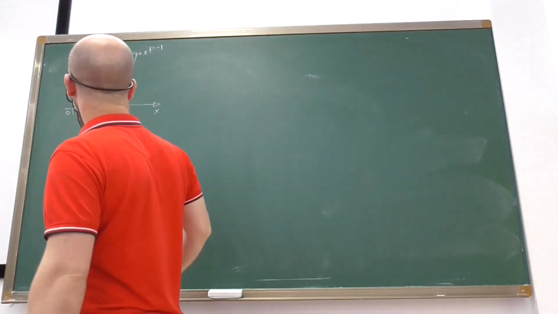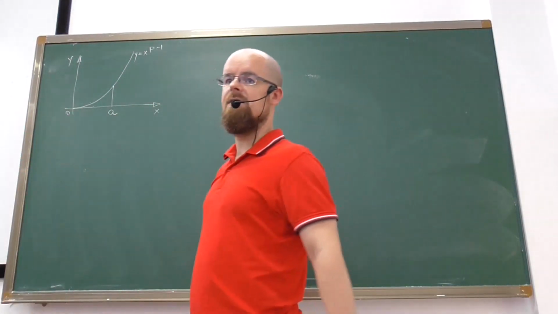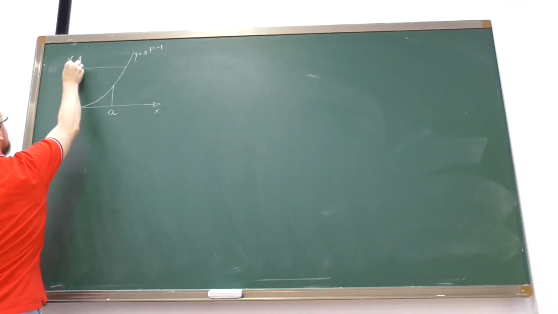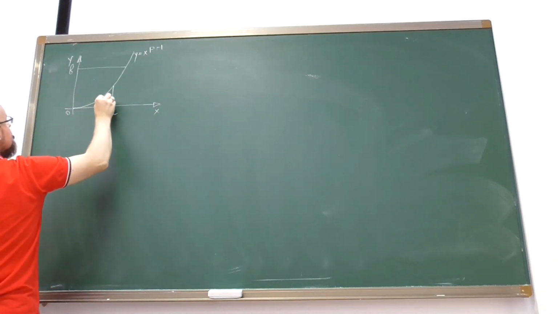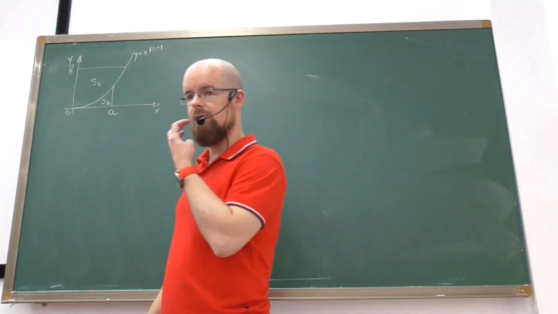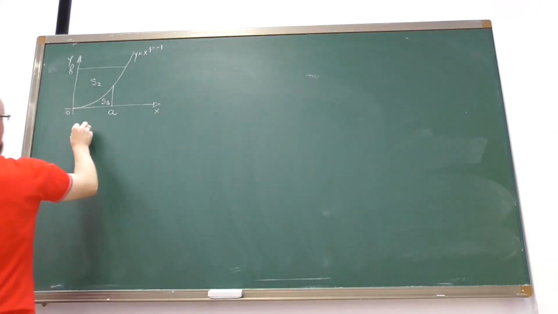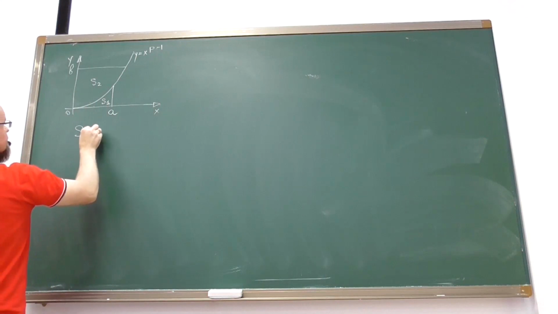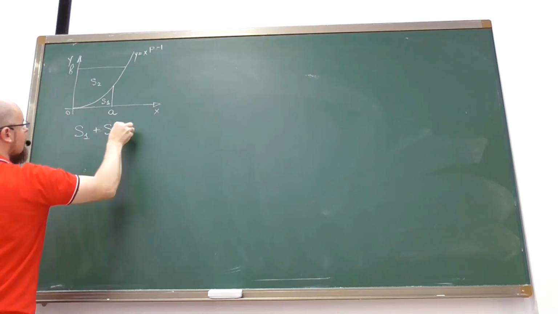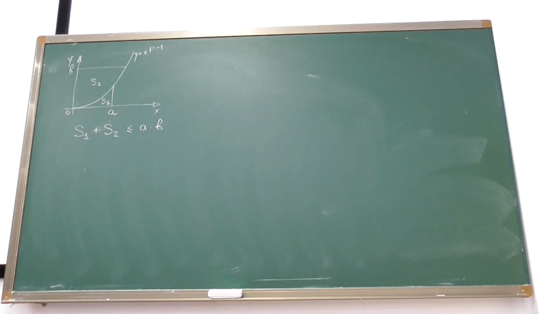Now, if we take any a on the x-axis and any b on the y-axis, and if we denote these areas by S1 and S2, then we can conclude that S1 plus S2 is less than or equal to a times b for any a, b.